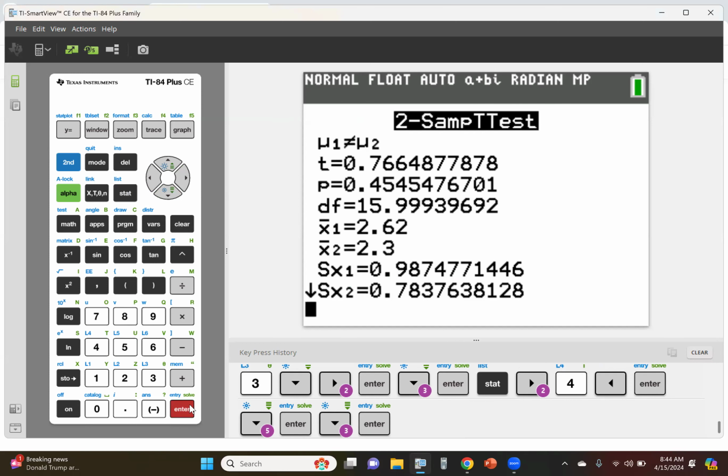So my t-score is 0.7665. My p-value is 0.4545, and that's pretty much all I need.